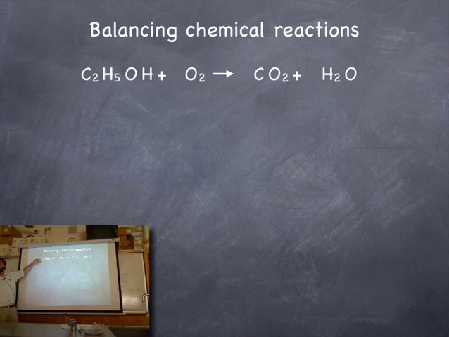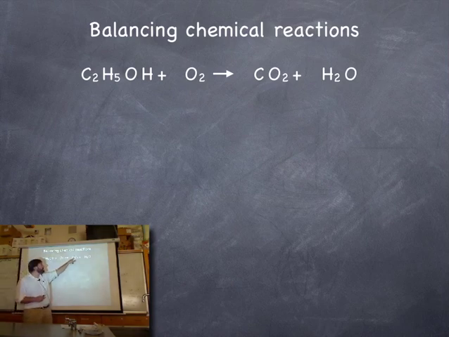Exactly right. We want to put some numbers in the front of each one of these here. We want to say how many carbon dioxides are made, how many waters are made. If I add some extra elements or extra molecules, that's changing what chemical reaction is taking place. If I change the subscripts, that's changing what the molecule is.